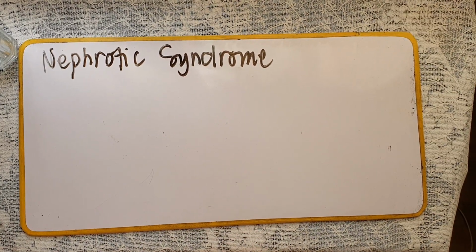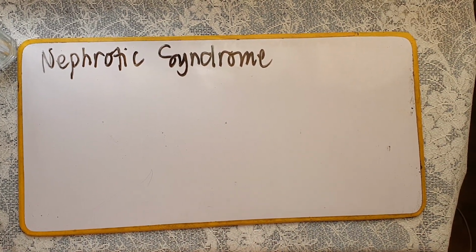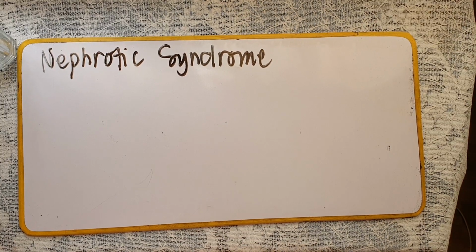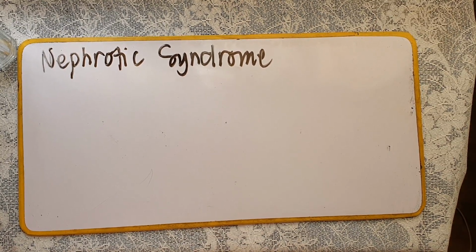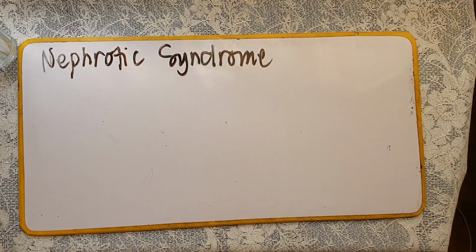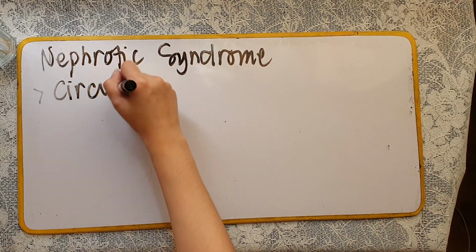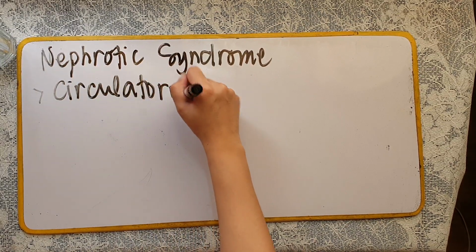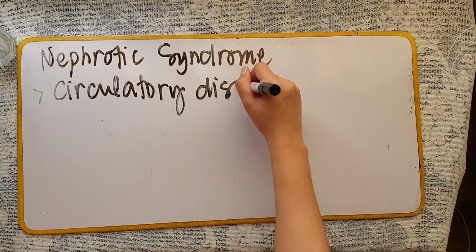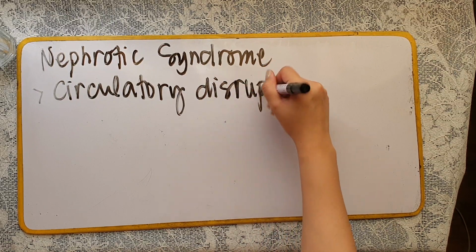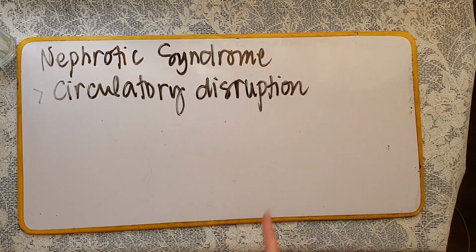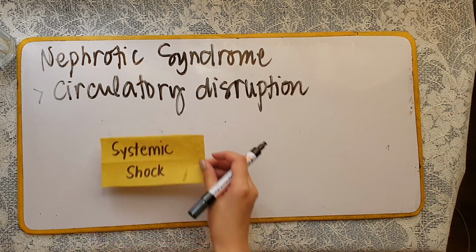And then next, we have your nephrotic syndrome. This would be the last topic for today. Your nephrotic syndrome is a complication of circulatory disruption producing systemic shock.